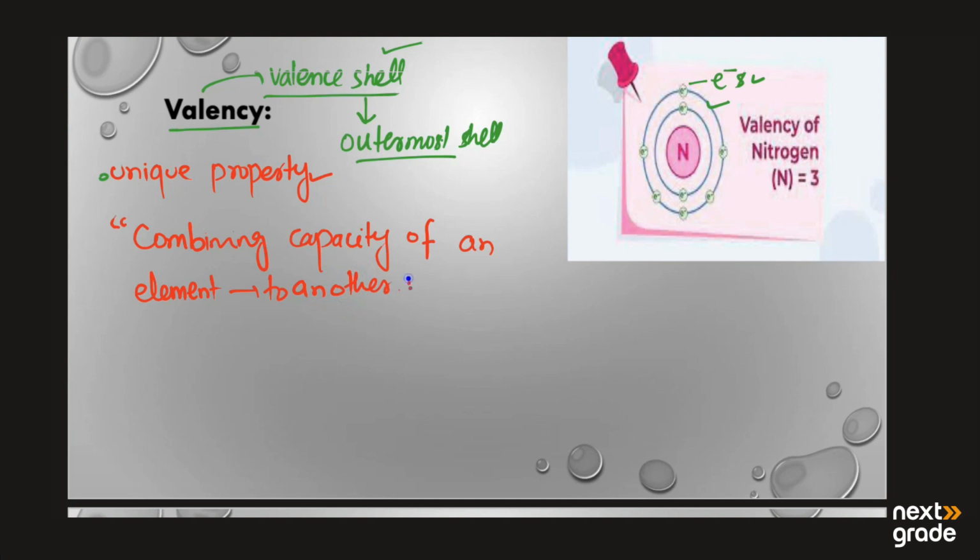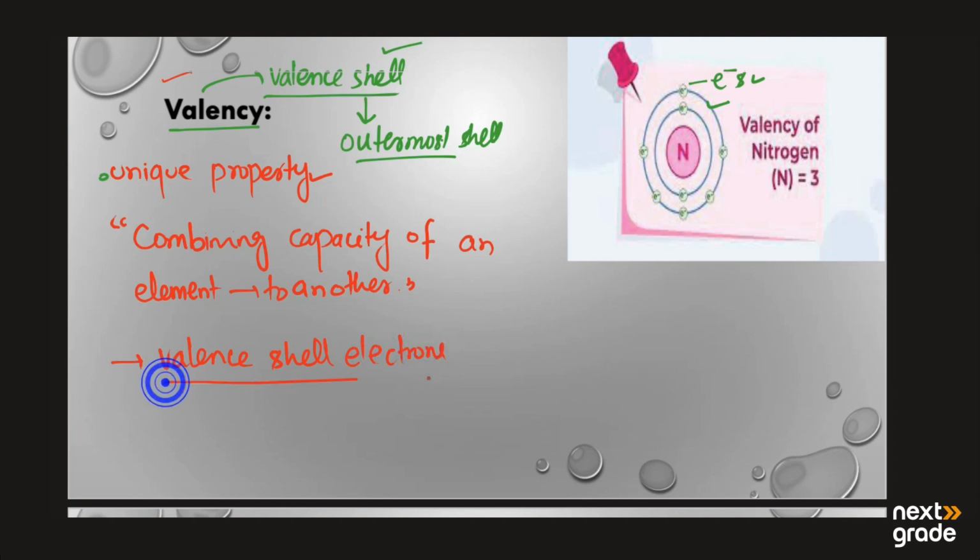This property is known as the valency. How can we check the valency, or the combining capacity, of an atom? It is related mainly to the valence shell electrons.